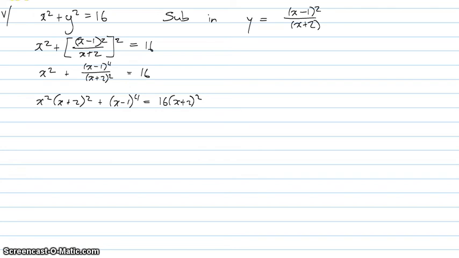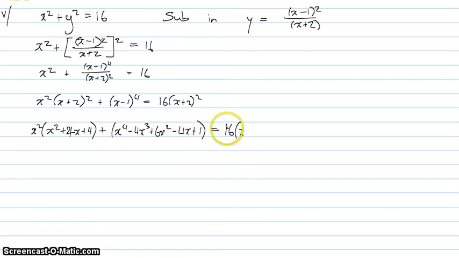Time to expand out. x squared times (x squared plus 4x plus 4) plus, expanding out this one using the binomial expansion, we get x to the 4 minus 4x cubed plus 6x squared minus 4x plus 1 is equal to, and again expanding this out, 16 (x squared plus 4x plus 4). What does that give me?